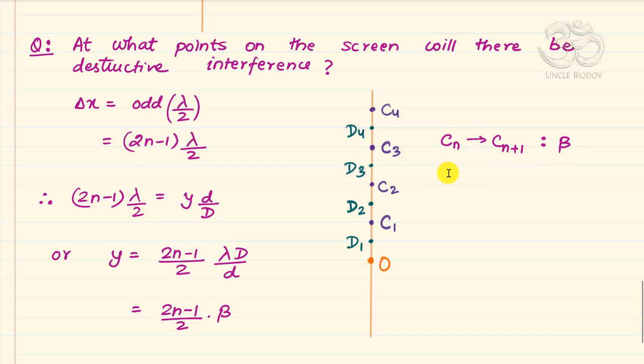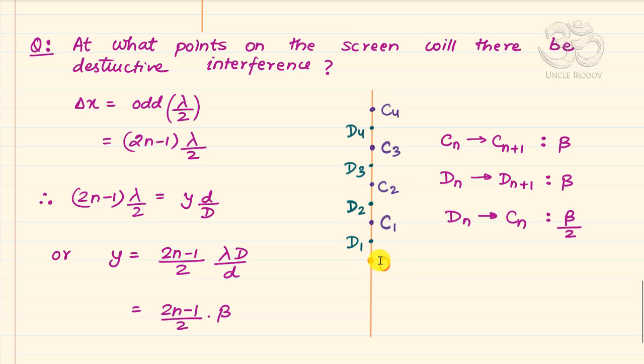Dn and Dn plus 1 is again beta, that distance is again beta, and between Dn and Cn, that's beta by 2. So Dn to Cn, that is going to be beta by 2. And about the intensities, we have seen all that much.